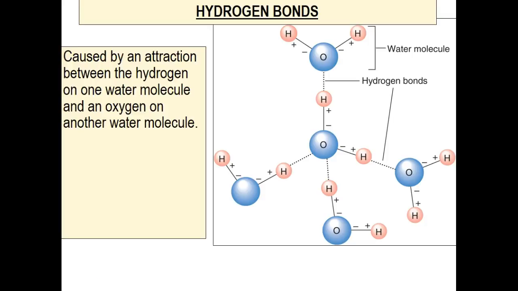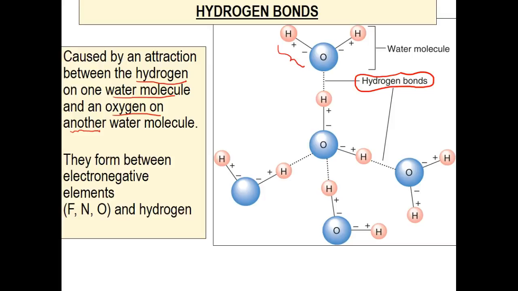Hydrogen bonds are caused by an attraction between the hydrogen on one water molecule and an oxygen on another water molecule. So it's key that you realize it's the oxygen on another water molecule, because the oxygen and hydrogen within the water molecule is a polar covalent bond, but the hydrogen bond is formed between water molecules.